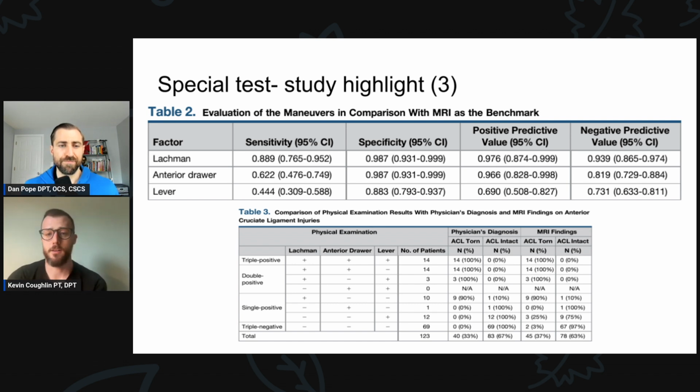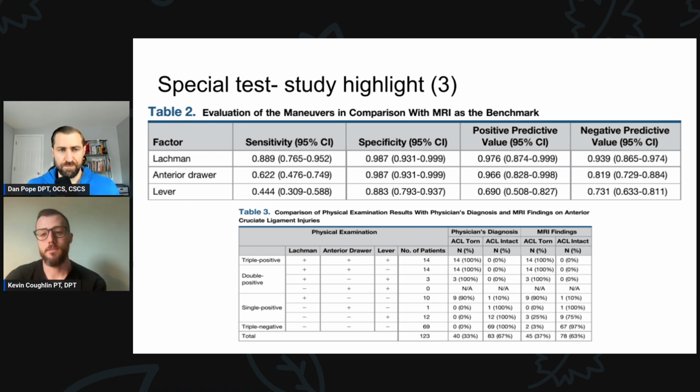Next with the anterior drawer, a little worse sensitivity than the Lachman. So sensitivity was down to about 62% for the anterior drawer. Specificity was very similar to the Lachman, about 98 to 99%. And the positive predictive value is up to 97%. And the negative predictive value is about 82%.